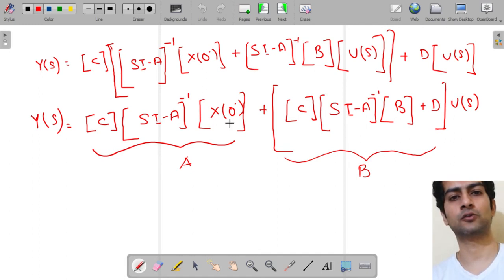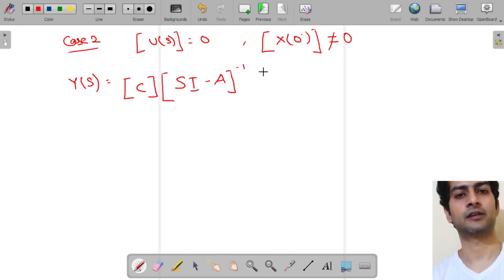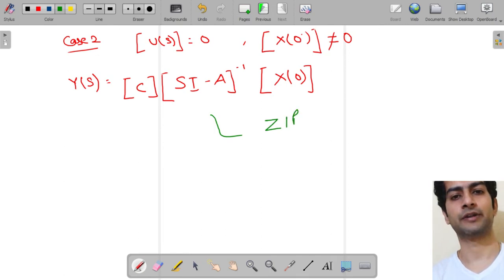In the first case we took the initial condition as 0, now we are taking the input as 0, so we will get matrix C, the state transition matrix, and here our initial condition. This response is known as the zero input response.